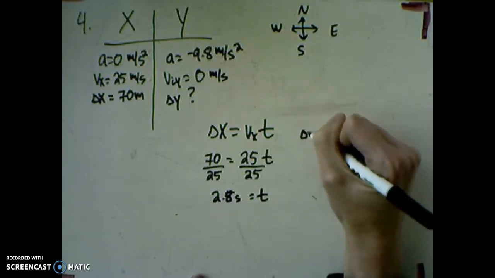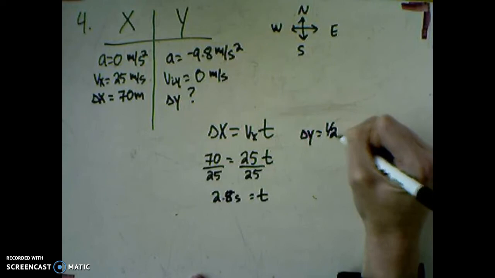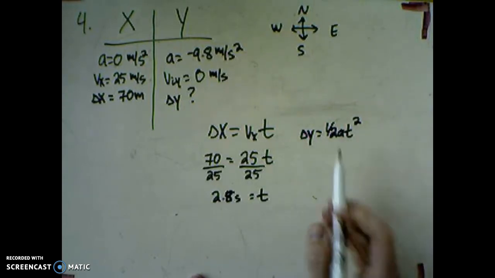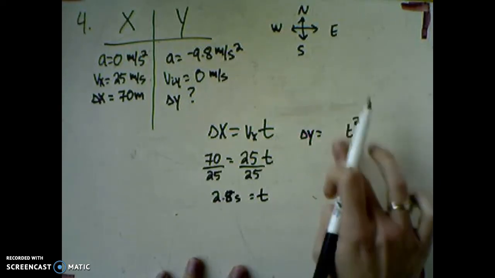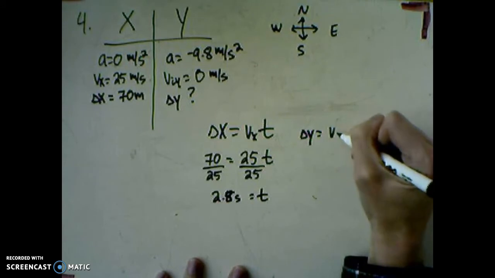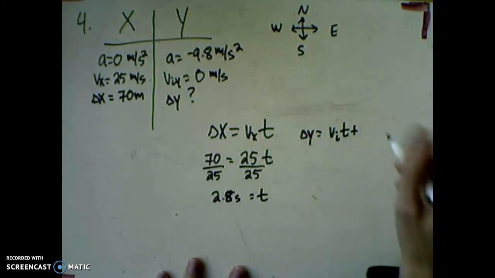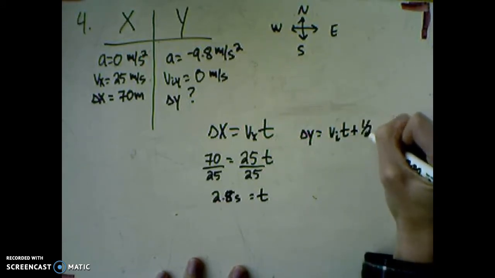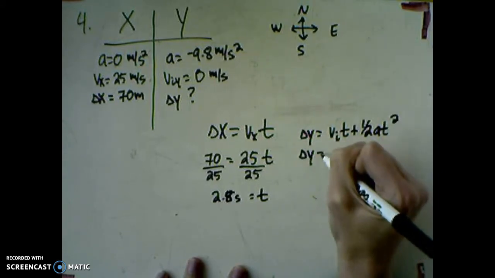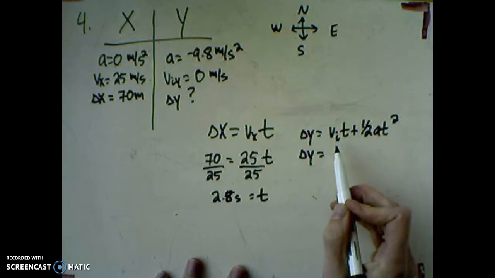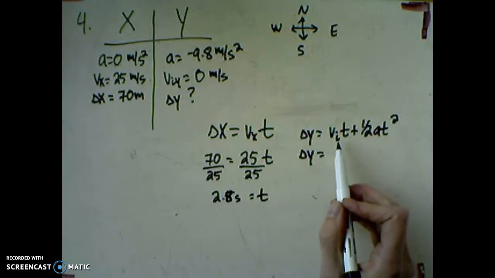Now let's plug that into my delta Y equals 1/2 AT squared. I haven't written the VIT part this time because I already know it's going to be 0. But if that confuses you, back up, redo it. Don't skip steps if it's going to confuse you, okay? VIT plus 1/2 AT squared. Delta Y is what I'm solving for. I know that this is 0, so if I hadn't written it, that would be okay.